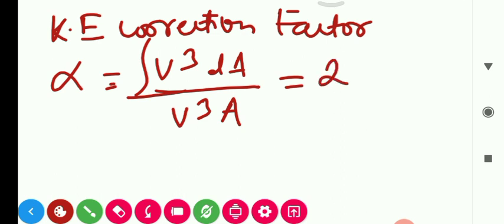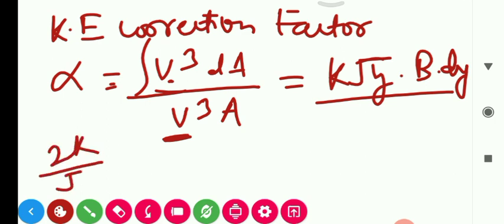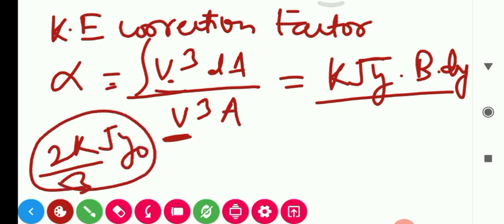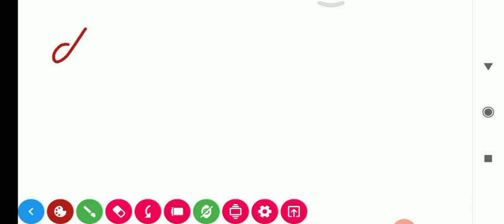The value of v was k under root y, dA was b into dy, and the average V we derived as 2k under root y naught by 3. So the denominator is 2k under root y naught by 3 whole cube into b into y naught.